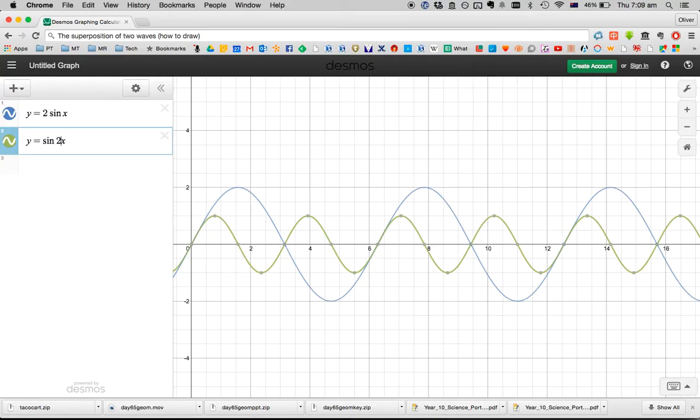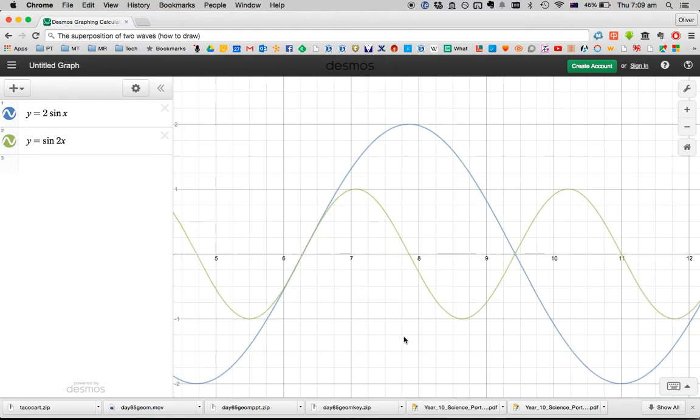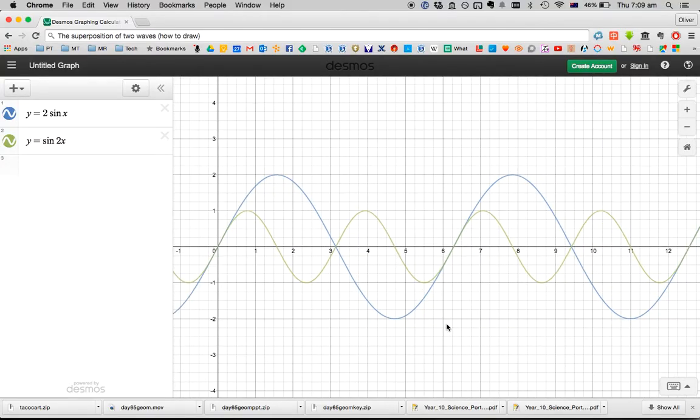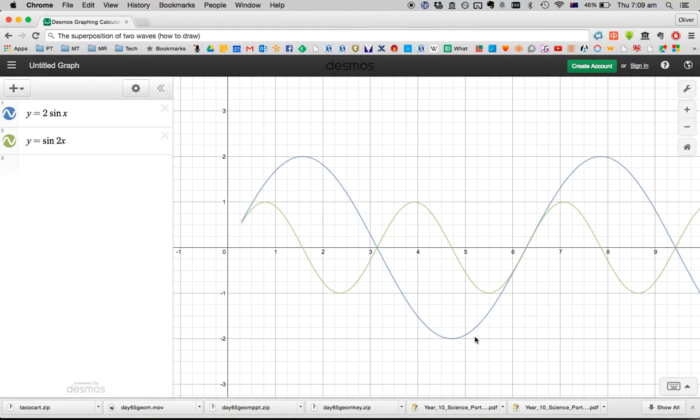So say we want to add these two graphs. So let's have a look at this. I'll just sum them over one full period here, from here to here. Hold on, I'll zoom in a little bit.